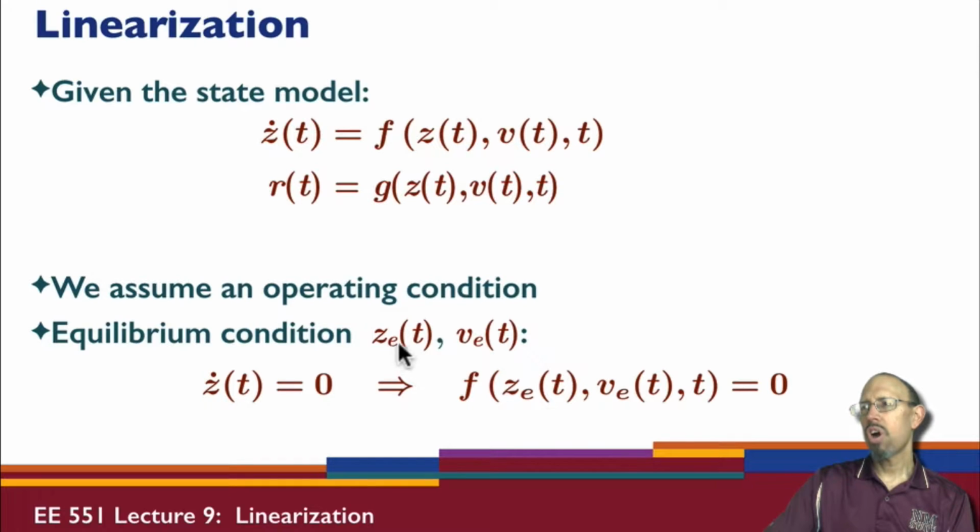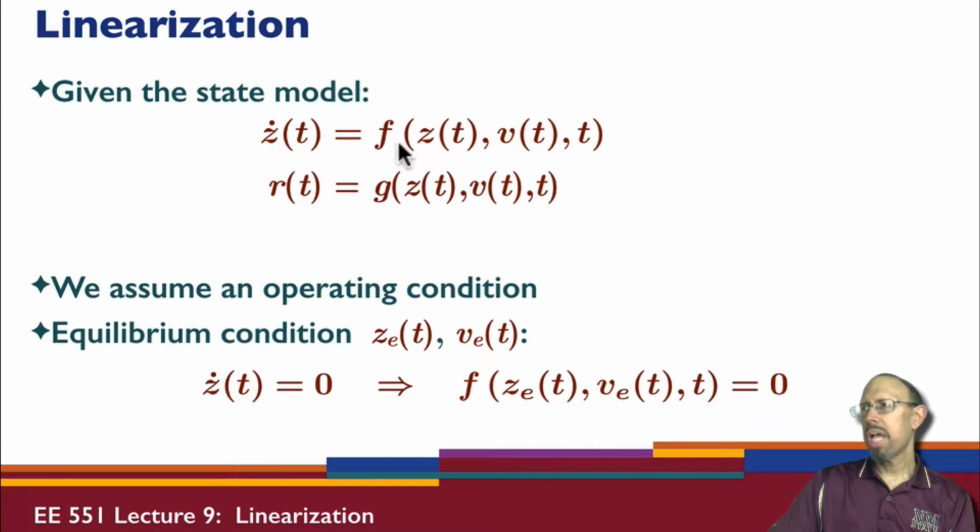So in general, there are some signals, z equilibrium and v equilibrium, such that z dot is equal to 0. So what does z dot equals 0 mean? That means z is not changing. So we can think of it as being at rest. The system is not going anywhere, it's not moving.